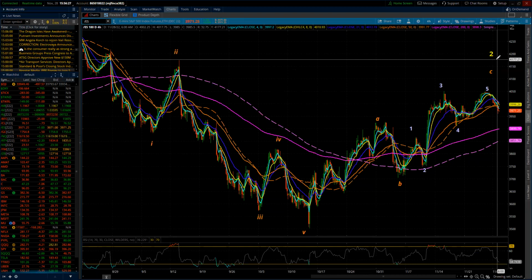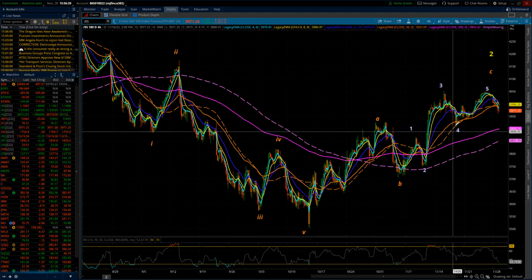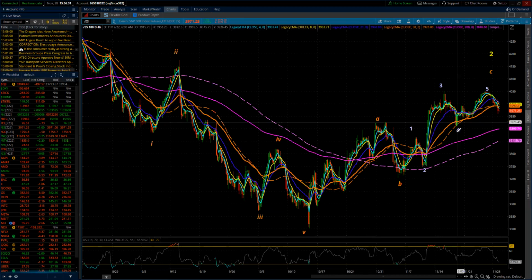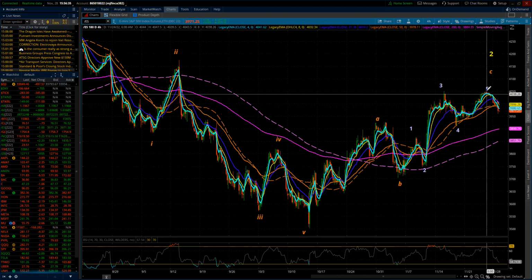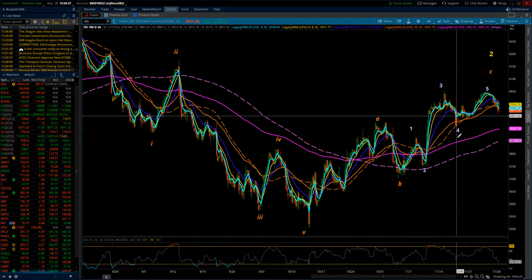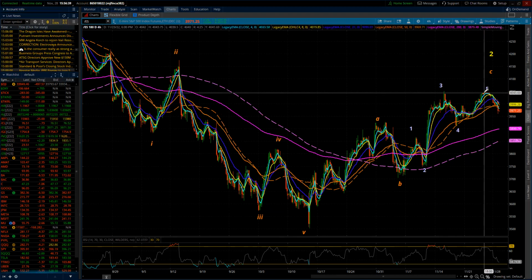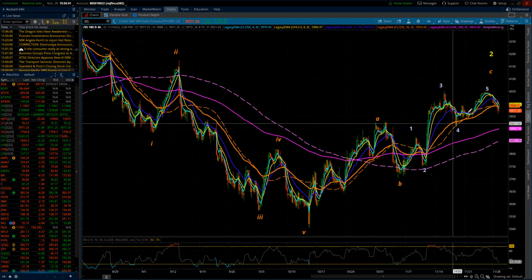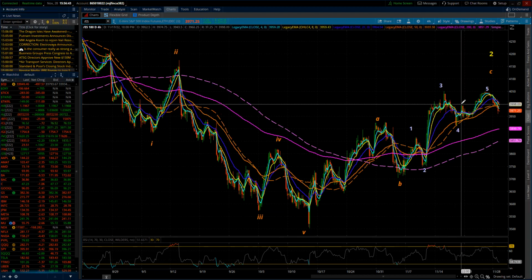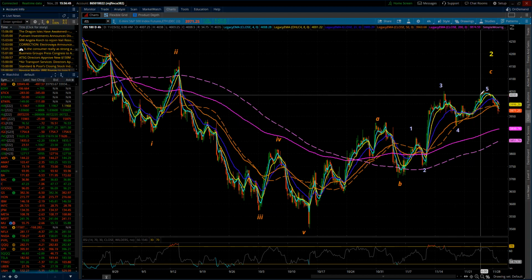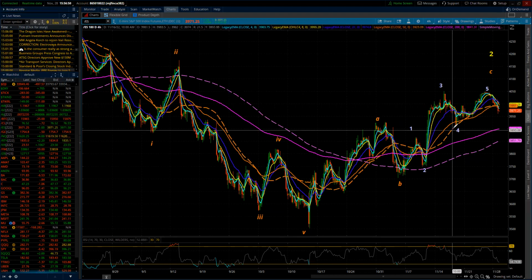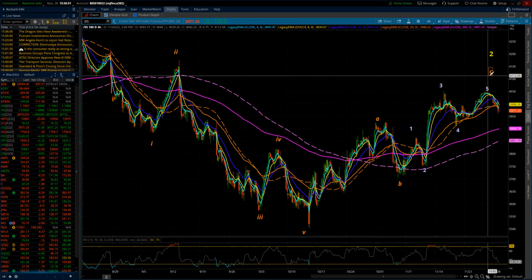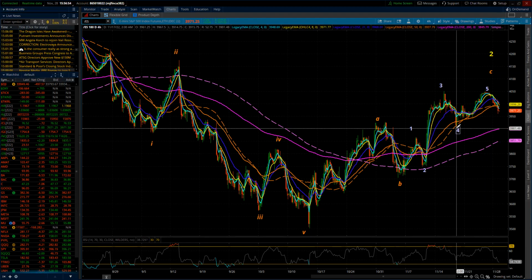That I have to leave open. Or this actually is 3, 3, 5. So that fits very cleanly. But yet I'm giving this the benefit of the doubt that it's possibly the 1st wave, 2nd wave, 3rd wave, 4th wave, 5th wave to complete a 5-wave structure and wave C.